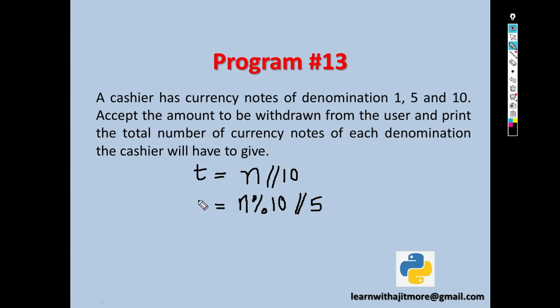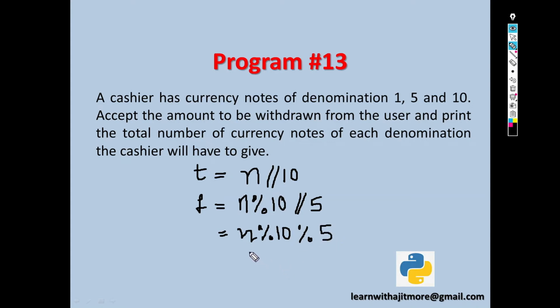And that will be 5 rupee denomination. Getting? And whatever remainder you got after dividing by 10, understand it carefully. After dividing by 10, whatever remainder, again you divide by 5.